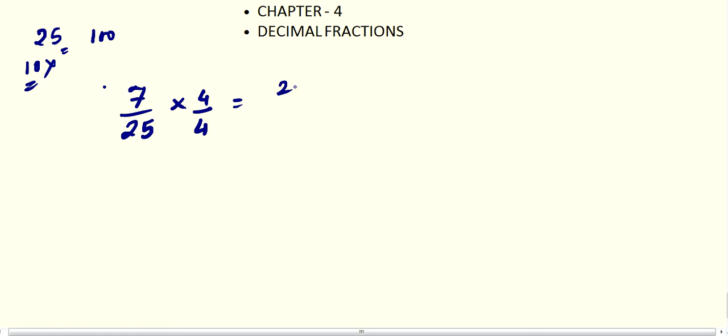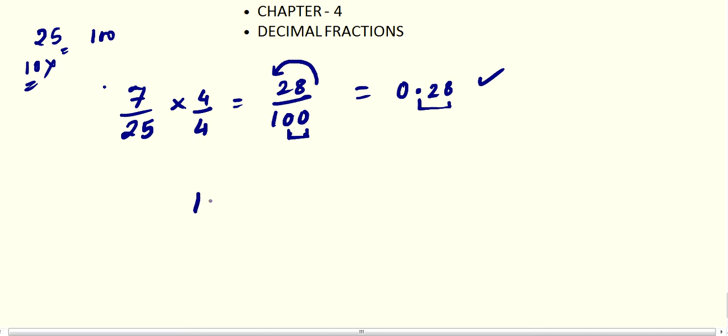So 7 fours are 28 upon 25 into 4, 100. Now we have 28 by 100. In the denominator we have 2 zeros, that means we have to take 2 places to the left-hand side. So 28 by 100 is 0.28. After the decimal I have 2 places, and in the denominator I have 2 zeros. That means my calculation is right.